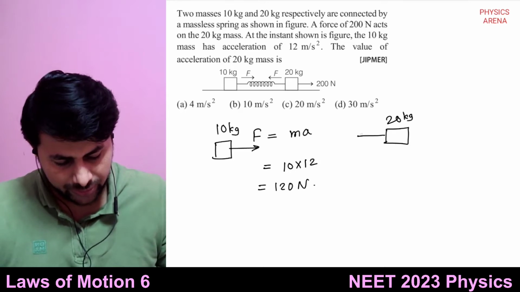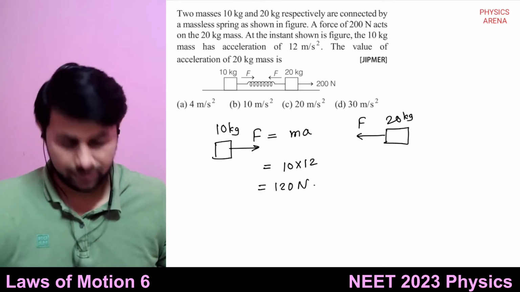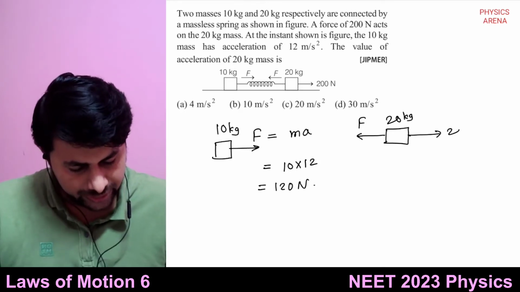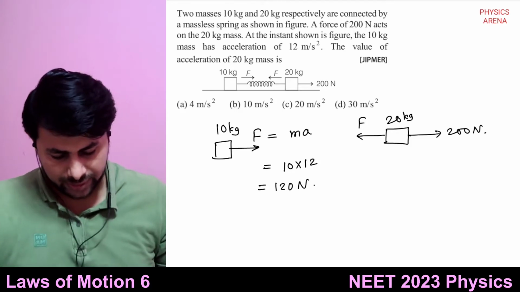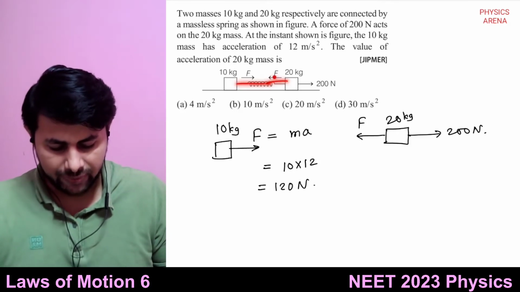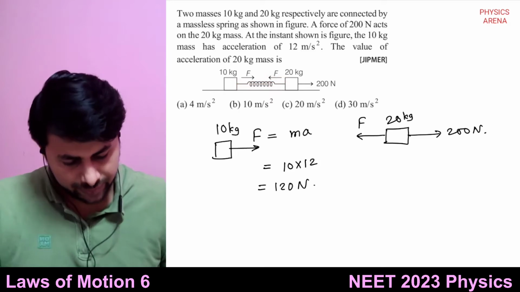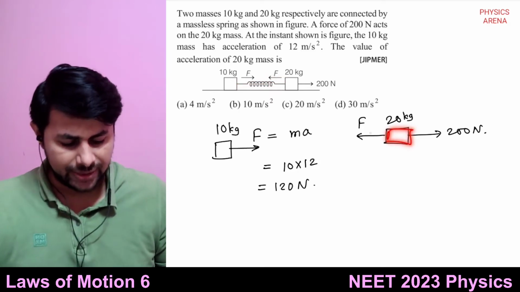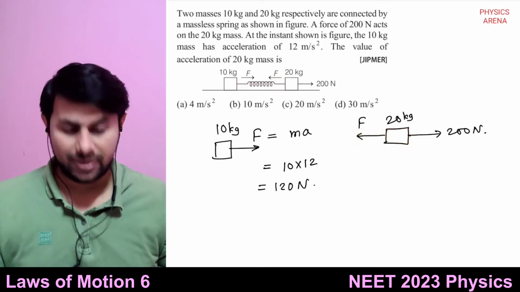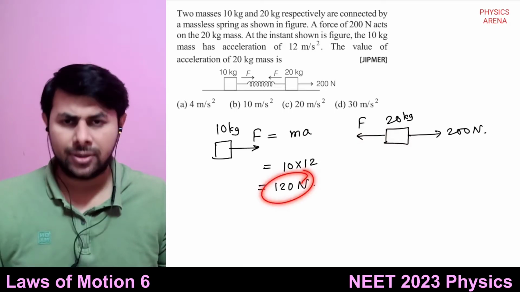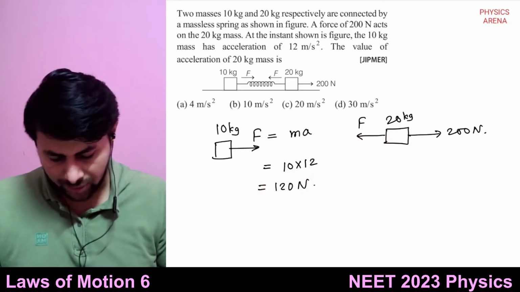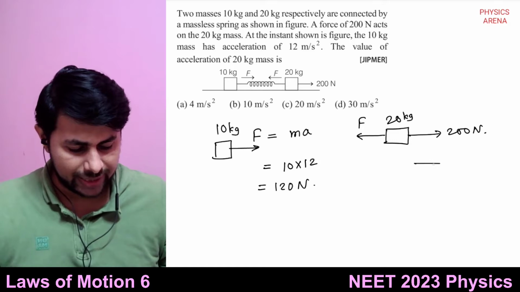And if you think about the second mass, the 20 kg mass, what are the forces? One is the spring force acting towards left, and one is this 200 newton force. The spring force will be equal and opposite, so for the 20 kg mass, it will act towards left, and we have found it out. It's 120 newtons. So how much is the net force acting on this 20 kg mass?